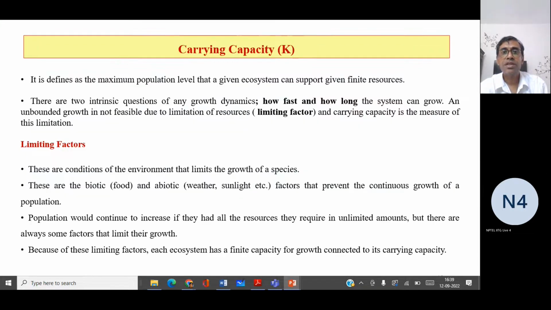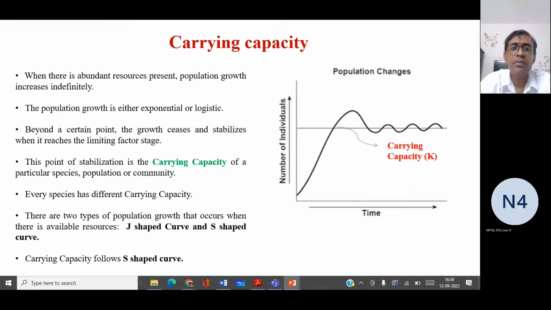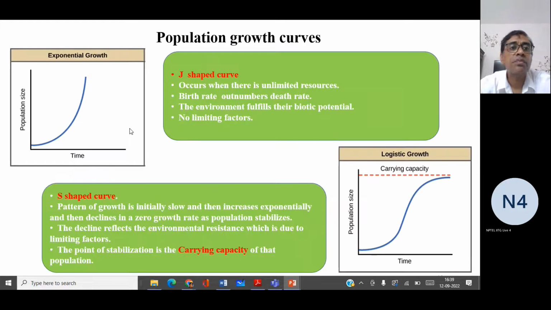Then we discussed carrying capacity, a very, very important aspect. I am sure that all of you have gone through these lectures very carefully. In carrying capacity, we discussed the J shape and S shape curves, as you see here. This is the J shape curve, which is exponential growth, meaning population increases along with time when there is no limit of anything, food or space or time.